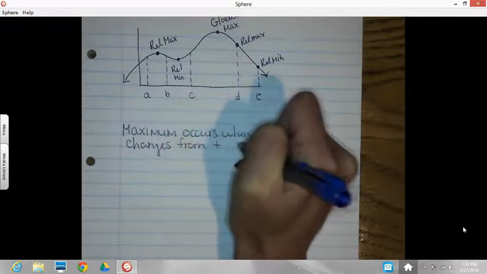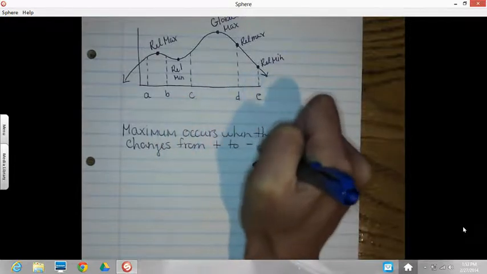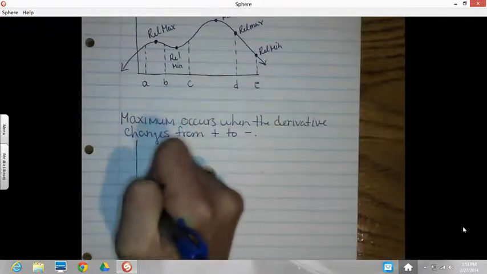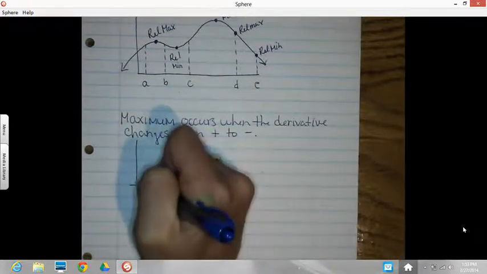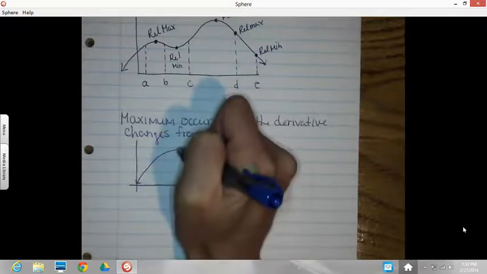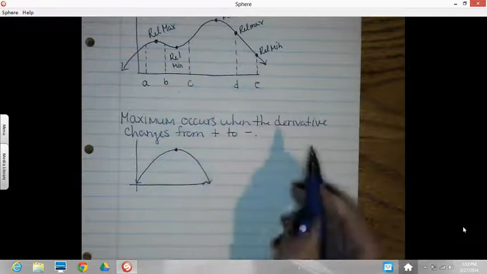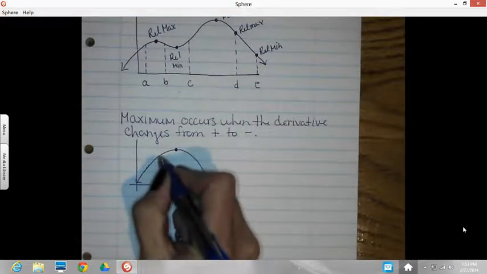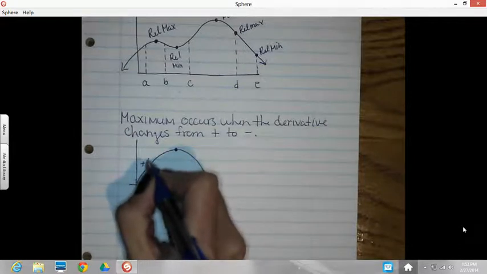So let's just take a look and see. If I had a parabola, I know this is my critical point, the derivative is 0 here. All of these values, because the graph is increasing, I know that all of my derivatives are going to be positive. When I get to here, the derivative is 0.